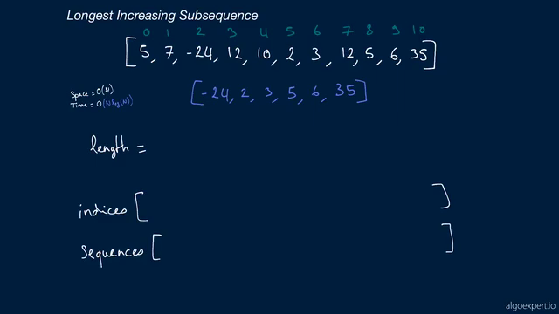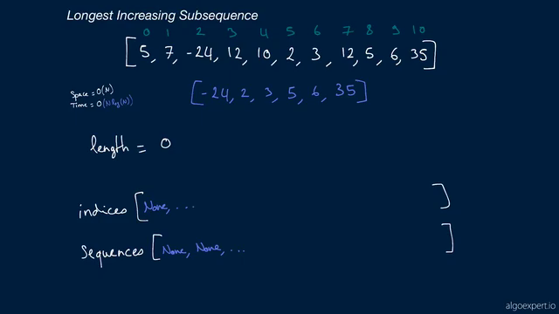This is going to start out at 0, because at the beginning we just don't have an increasing subsequence. So we just initialize it at 0. The sequences array can also be initialized to a bunch of none values, like in the previous example, and the indices array is also going to be initialized to a bunch of none values.